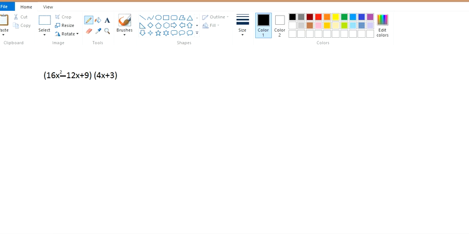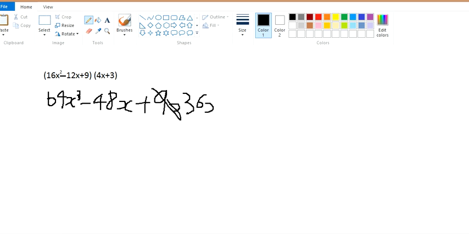So let's FOIL it out. I'm using that word inappropriately right now, but let's use that as a substitute for multiply every single element. So 16x squared times 4x would give us 64x cubed, negative 12x times 4x is minus 48x, 9 times 4x would give us 36x.